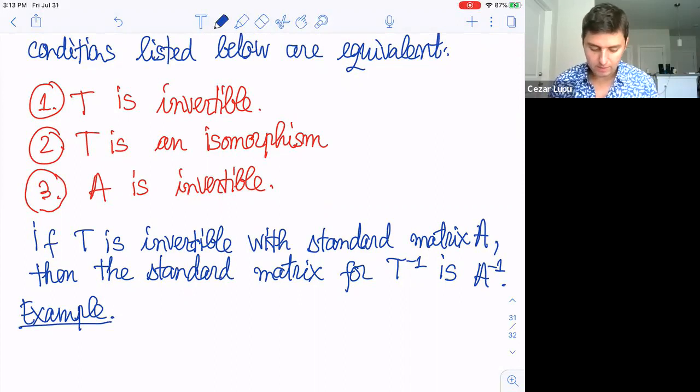This example basically will concern finding the inverse of a linear transformation.